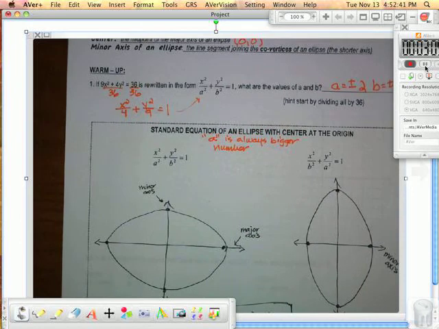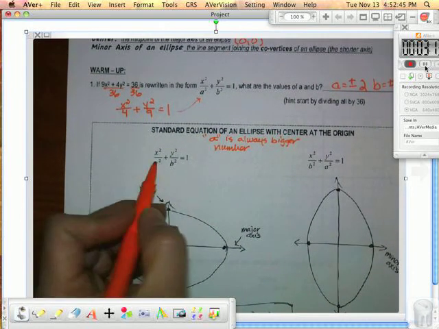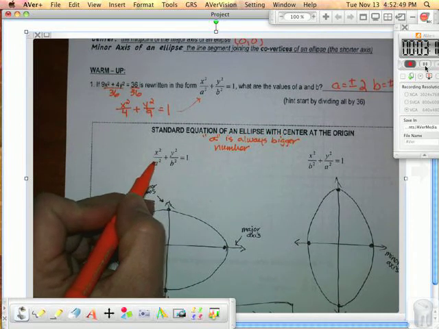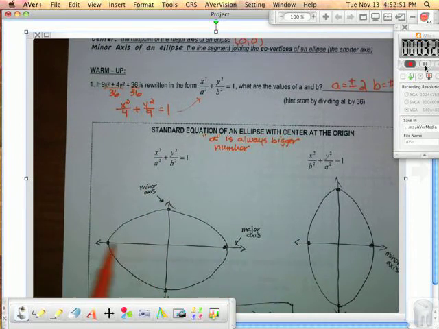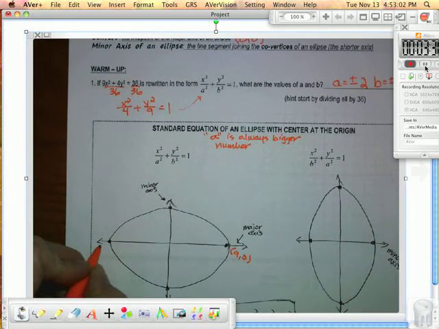Now let me show you the different parts. If a is underneath the x, which is going to be the bigger number, that tells you that you're going to have a horizontal ellipse. The longer axis is going to be the x-axis, and your a's are going to be here, a, 0 and negative a, 0.